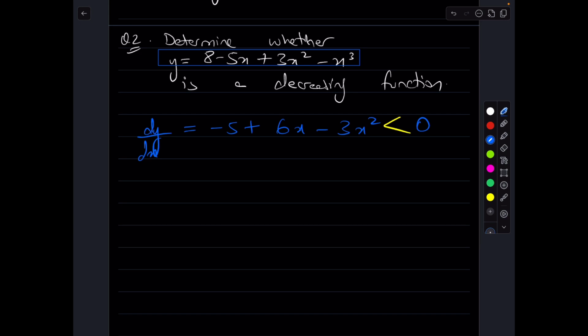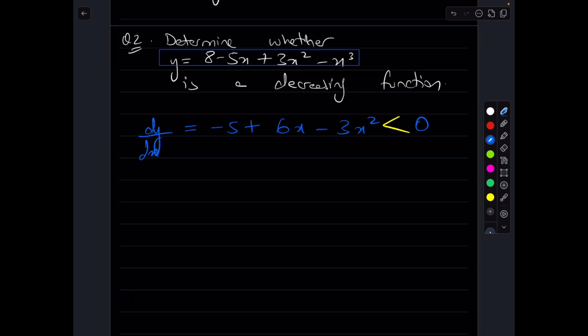We need to complete the square first, so I'll take minus 3 common, and I'll be left with x squared, working from right to left, minus 2x plus 5 over 3.